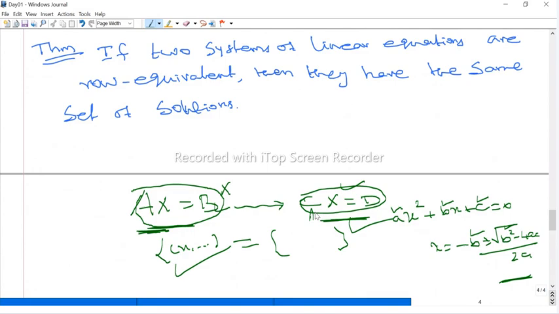Therefore, our aim is to find the equivalent system of the given system. Suppose the system is given, Ax equal to B. If you know the equivalent system Cx equal to D, then we can easily find the solution. So how do we get an easy, row equivalent system of the given system Ax equal to B?